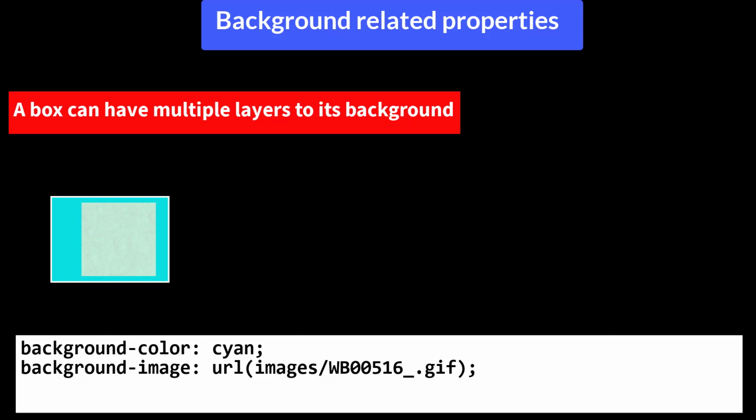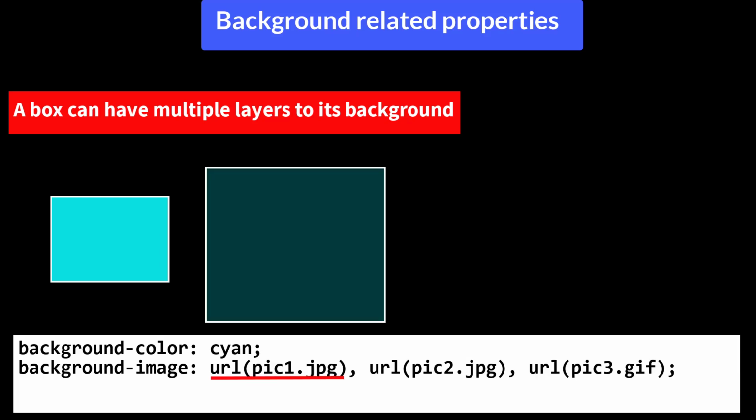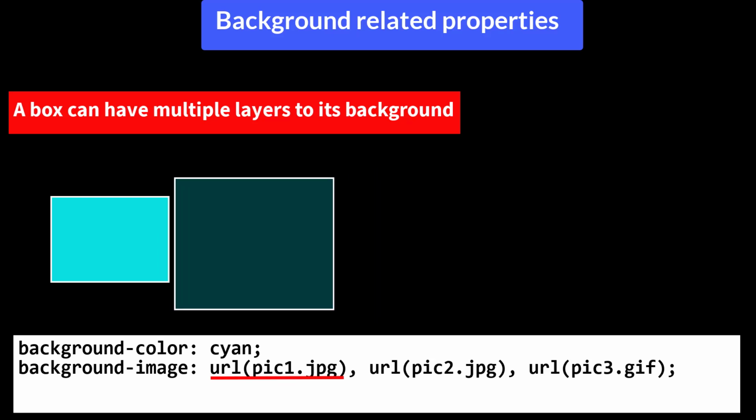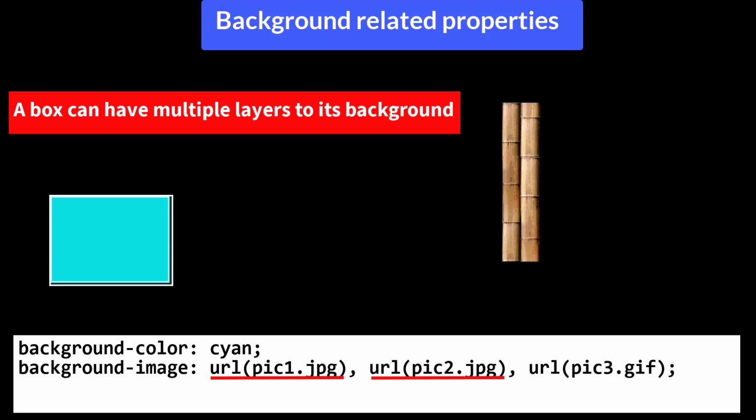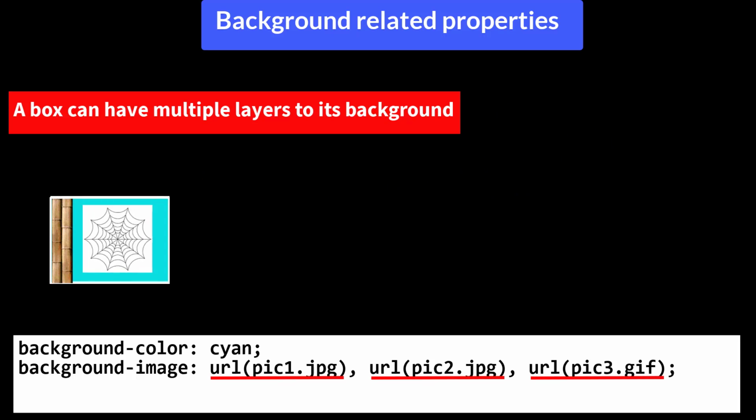Now, a background-image property can have a comma-separated list of images, say background-image: url(pic1.jpg), url(pic2.jpg), url(pic3.gif). Now each image represents a layer. The first image is the top, and later images are lower layers.